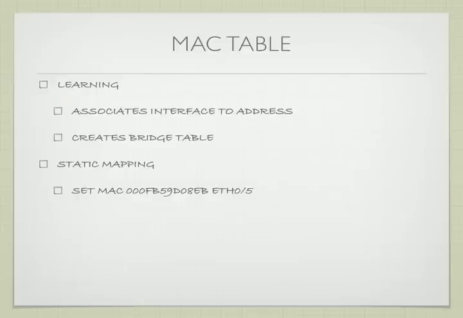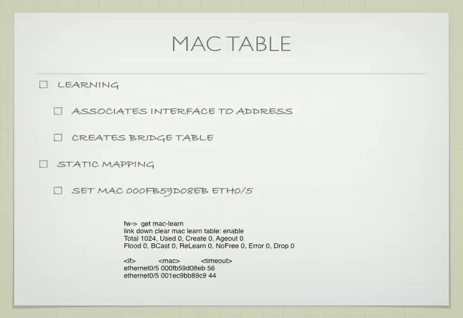So if we want to make sure that an address is always in the table and doesn't time out and leave, we can do some static mapping of MAC addresses to, say, the servers that are physically connected to certain ports or whatever. So when you get the MAC learn, you can see there it simply lists the interface, the MAC address, and what the current timeout value is, when that'll expire from the table.